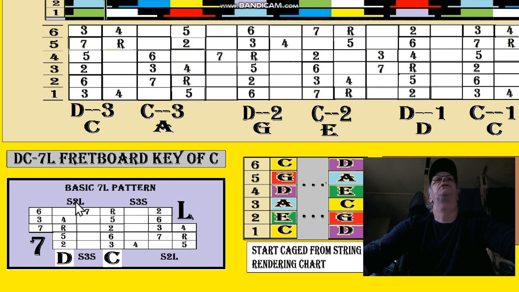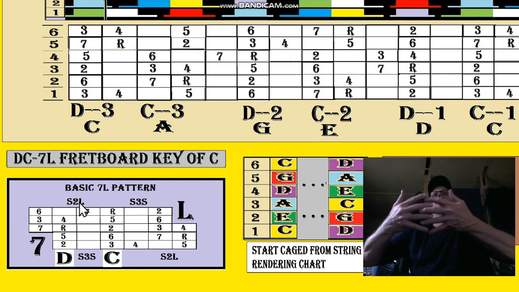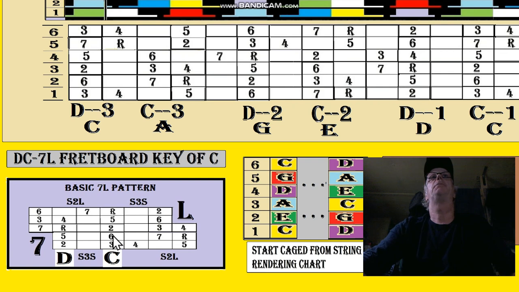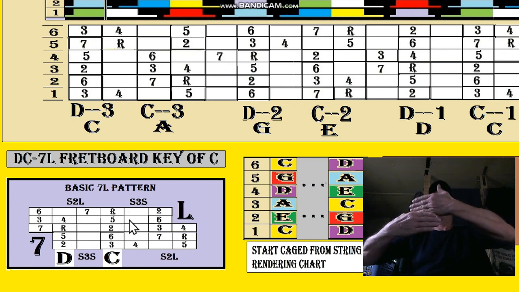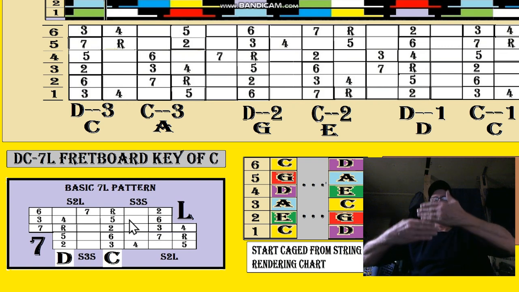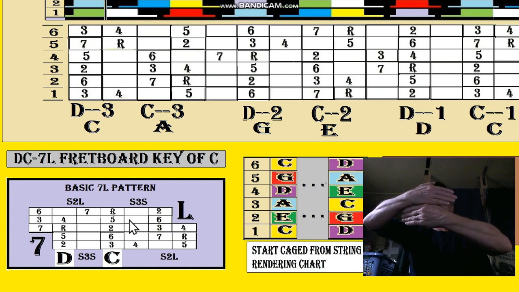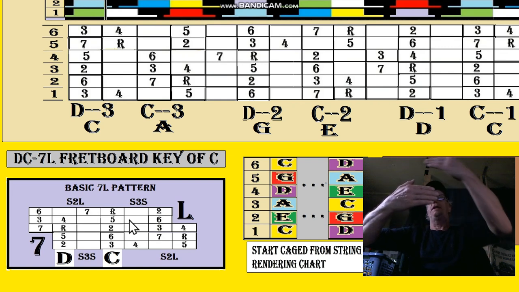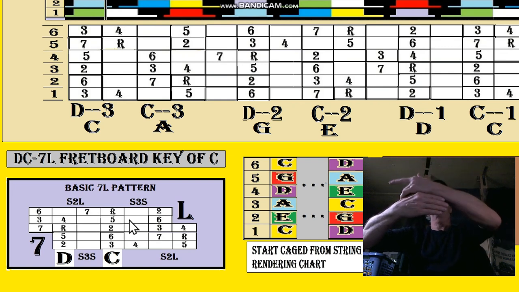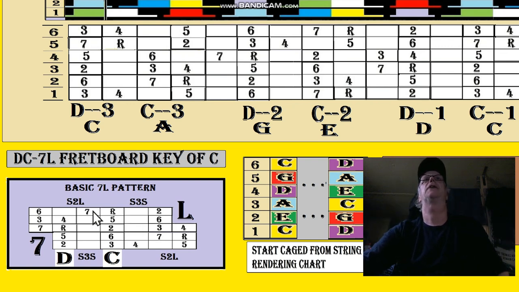The S3S shares two notes with the S2L, like this. They stack on top of one another. Here's the S2L stacked underneath the S3S. So they stack perfectly on top of each other, but they're skewed. But then this one will have an extra note sticking out. That 7 sticks out on the S3S.